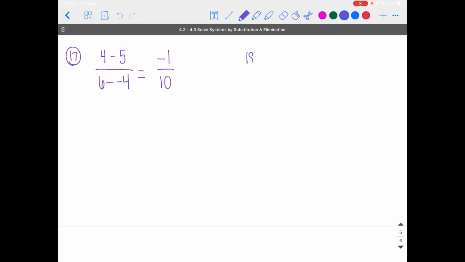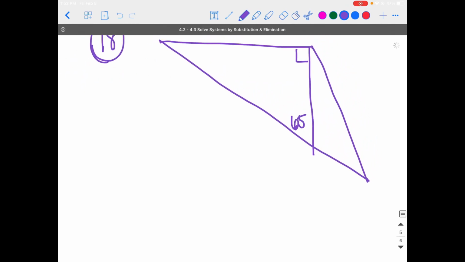All right, triangles, number 18. First thing I want to look at is just this triangle right here. We know that a triangle has 180 degrees.